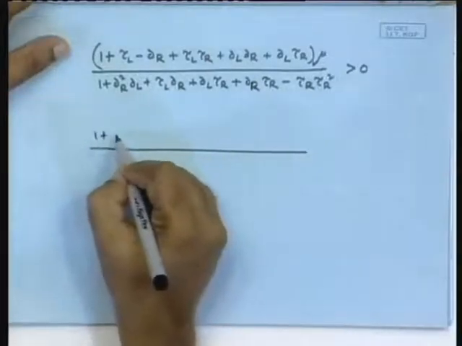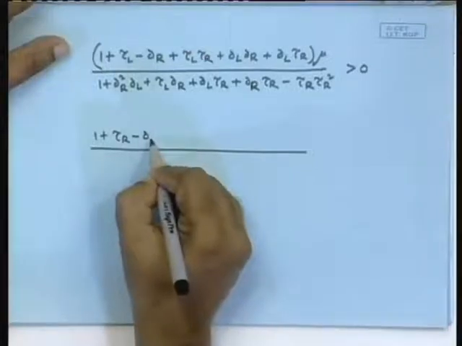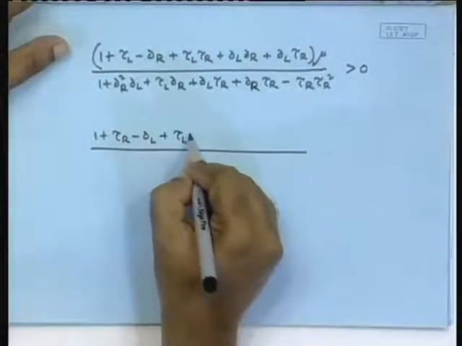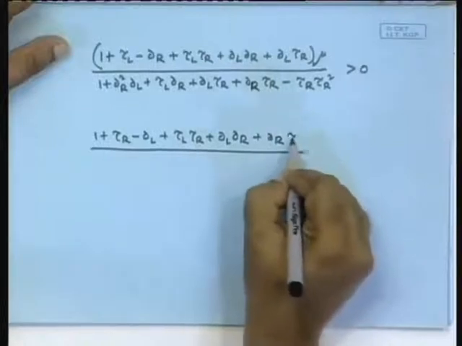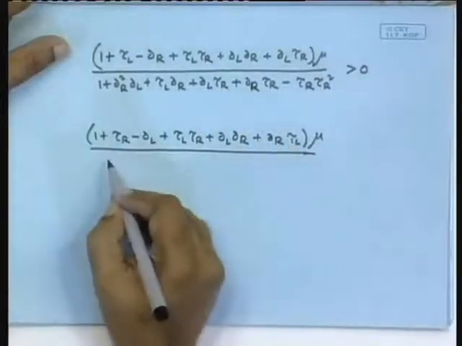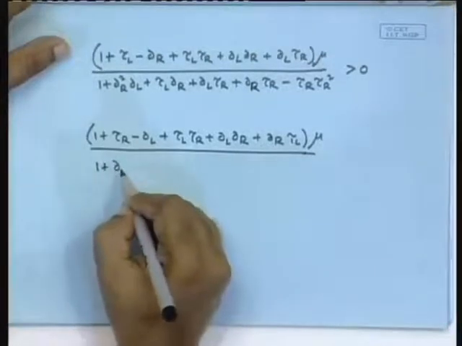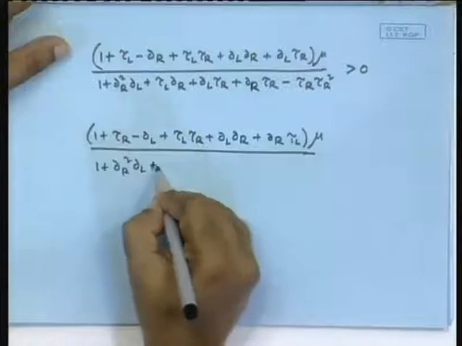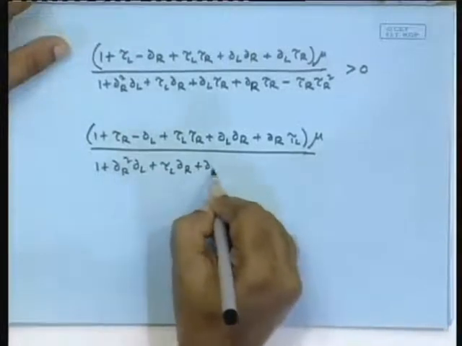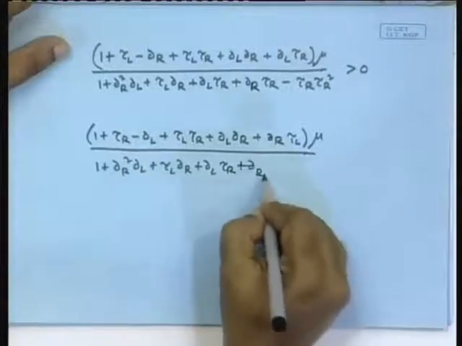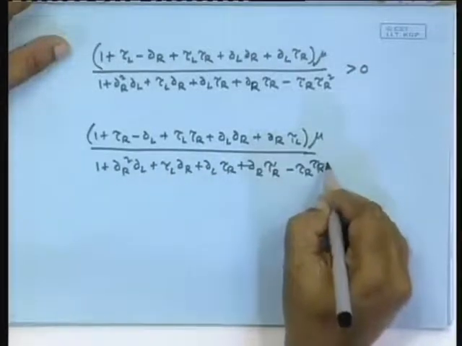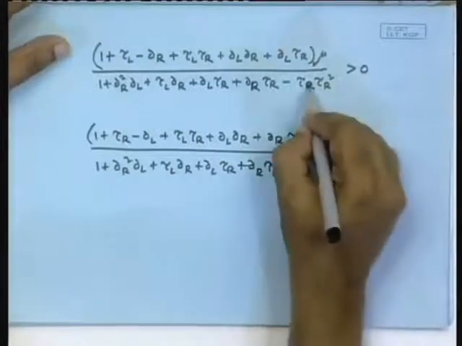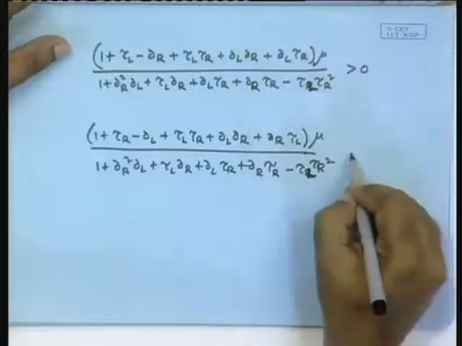It is 1 plus, in place of tau L it will be tau R, minus delta L, plus this is symmetrical, plus this is symmetrical, plus delta R tau L, whole mu, divided by 1 plus delta R square delta L plus tau L delta R plus delta L tau R plus delta R, no, this tau L tau R square, this is greater than 0.